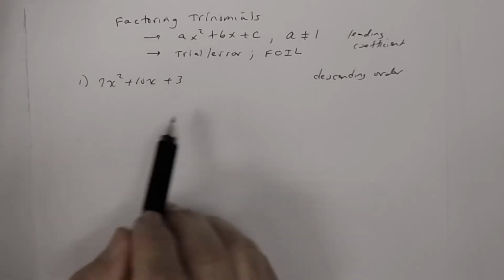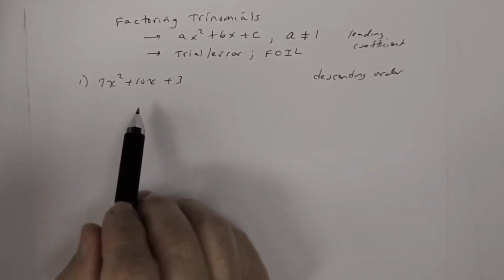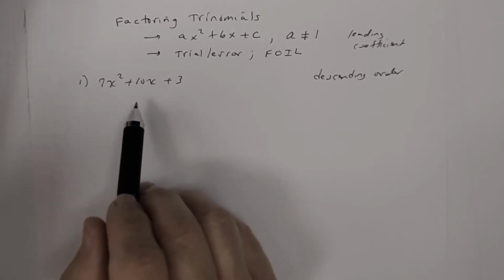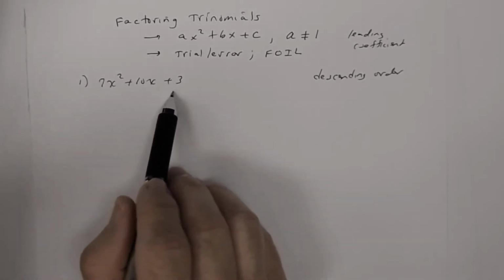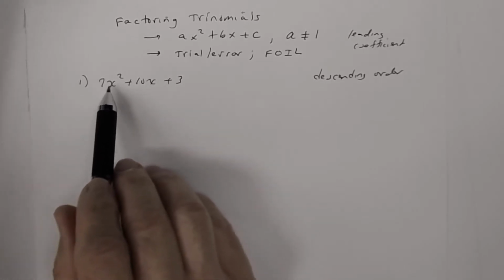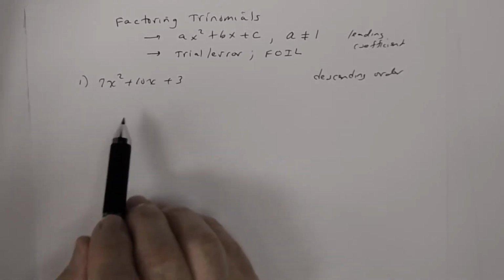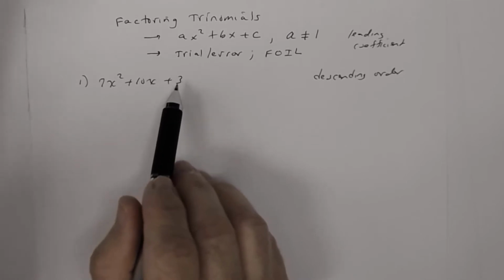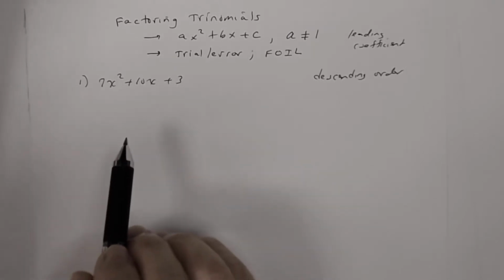So in this case, it is in descending order, so we're good to go. You have your x squared term, your x term in the middle, and your constant term at the end, which is the last term.